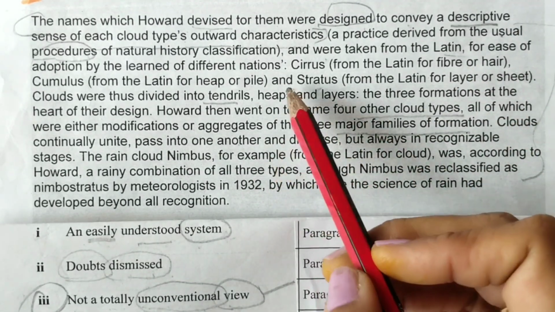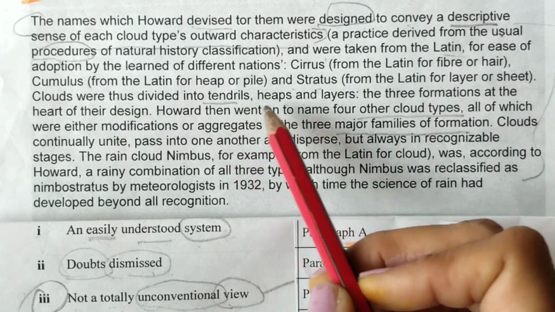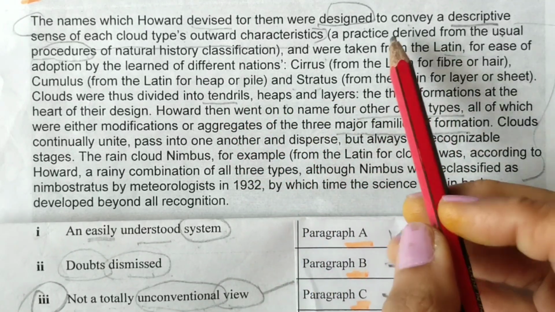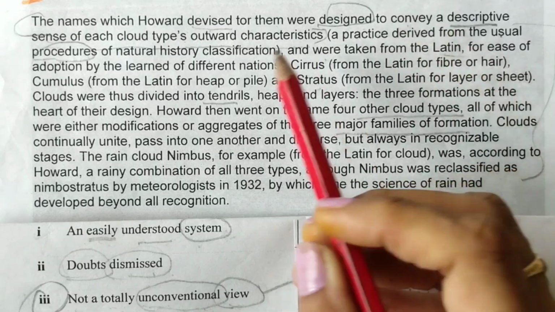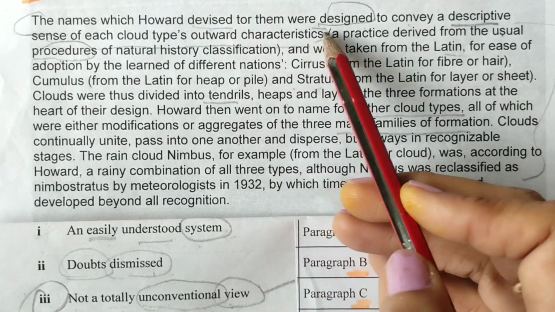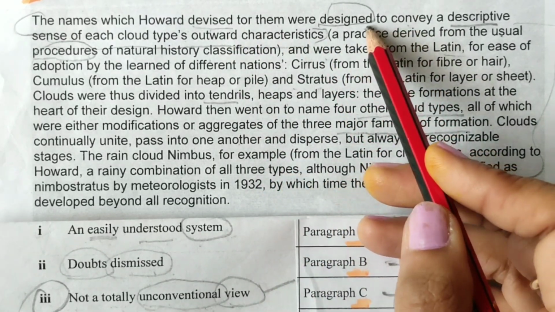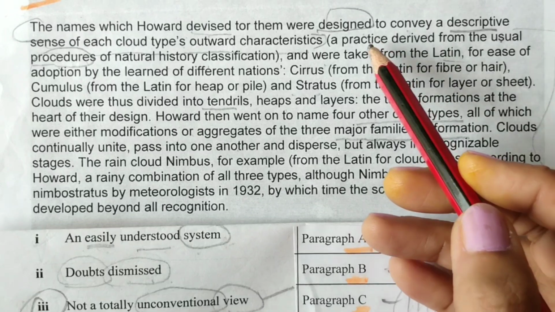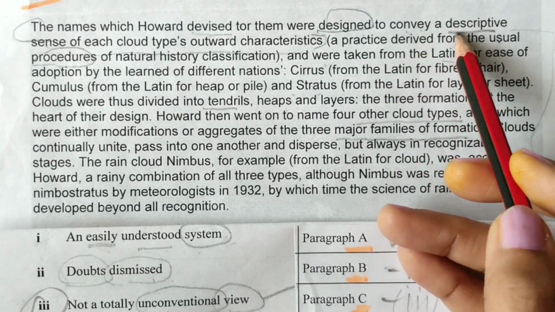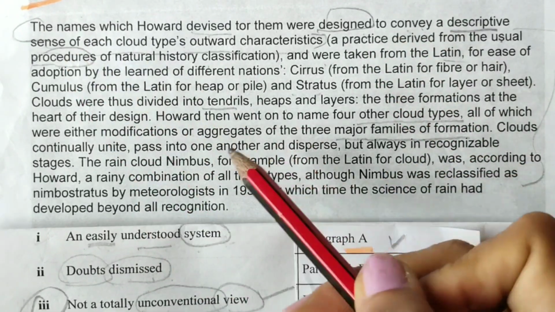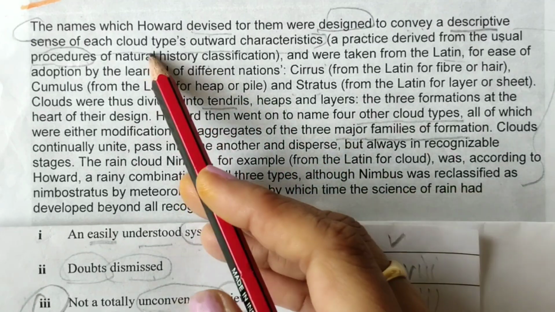Here they are just explaining types of clouds and how they have been divided. So the first sentence is saying devised for them were designed, some design. So what can we design? Some system we can design to convey a descriptive sense, some full description of each cloud.